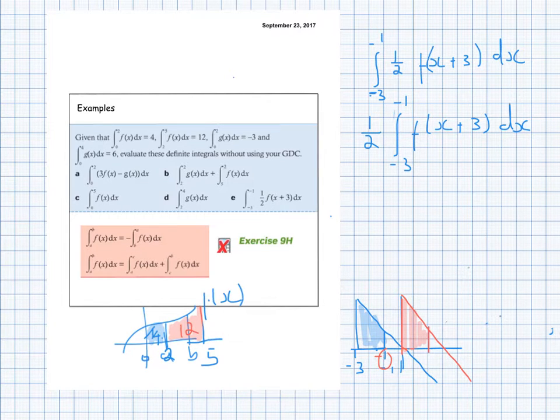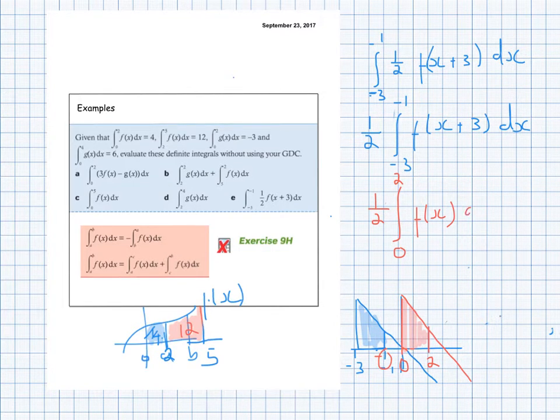The whole thing's moved, so therefore the boundaries have moved to 2, and they've moved to 0. So the integral from the boundaries -3 to -1 of f of x plus 3 is really the same as finding the integral between 0 and 2 of the original function, because it's simply just a translation. The boundary size hasn't changed, we're just moving that function.